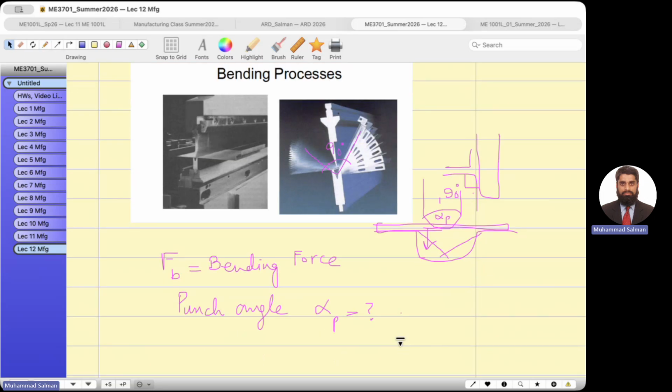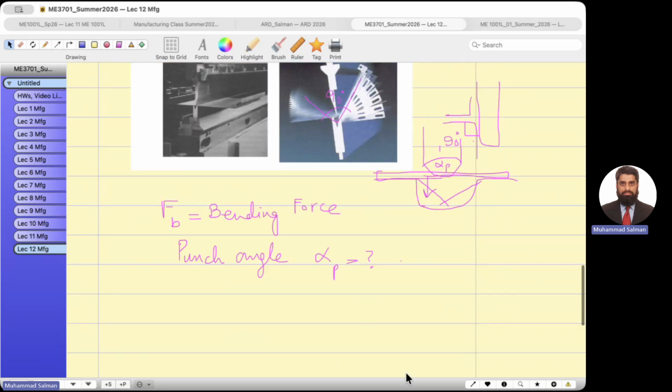Because the punch angle and the final sheet metal angle are different, due to the elastic energy restored inside the metal. We call this spring back. Suppose the angle of the die is 90 degrees, the sheet will not acquire 90 degrees, so it will have a little bit bigger angle.